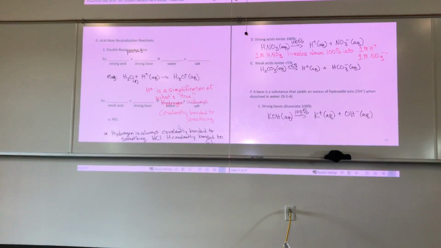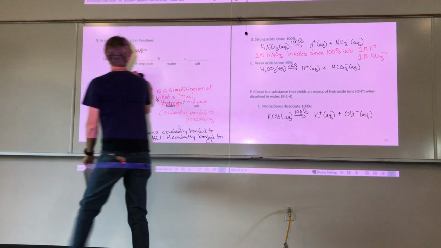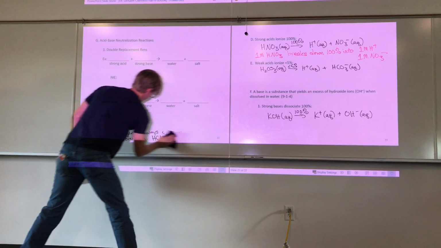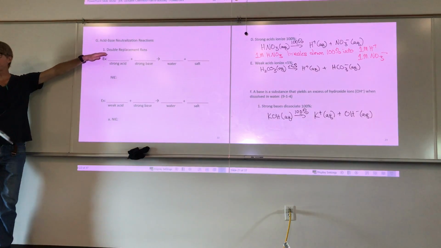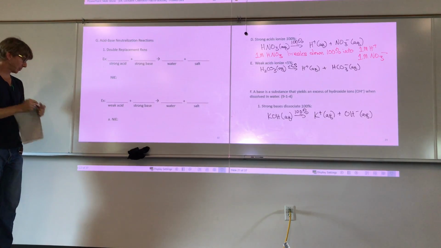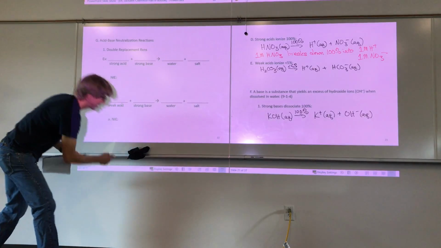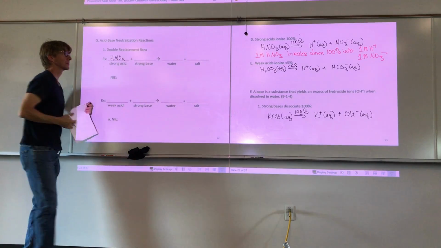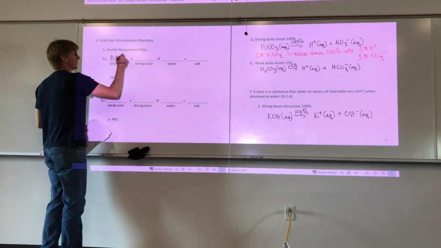In the time that we have left, we have about 5 minutes. Double replacement reactions, we've done this already. We could take whatever strong acid we want and whatever strong base. Let's use the examples that we've got over there. We've got nitric acid, aqueous, and potassium hydroxide.